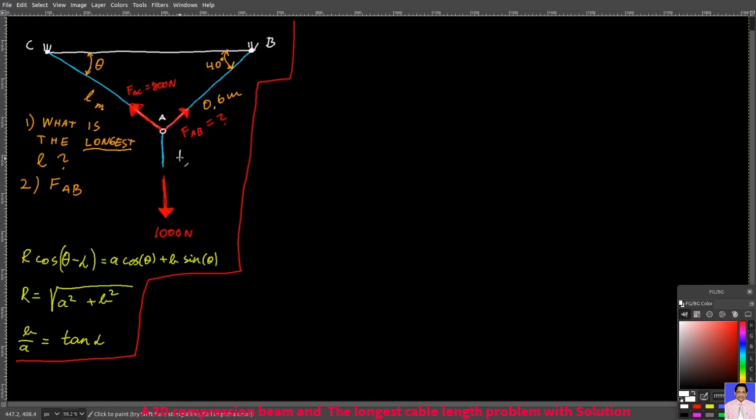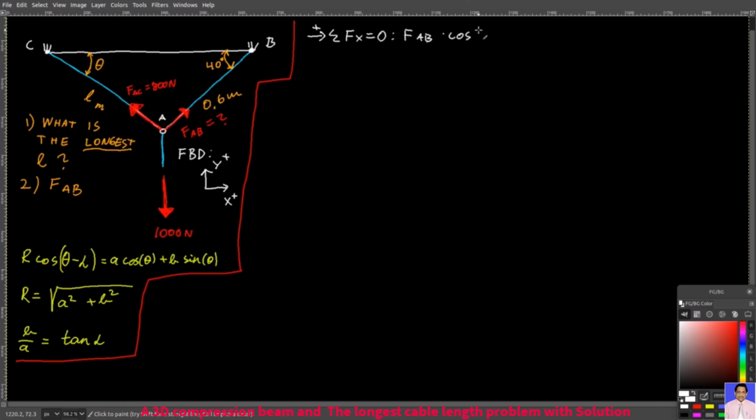So essentially, you already have your free body diagram here for point A. And again, let's define our positive x and y directions. And so let's apply our equilibrium principle for point A. This is in the x direction.